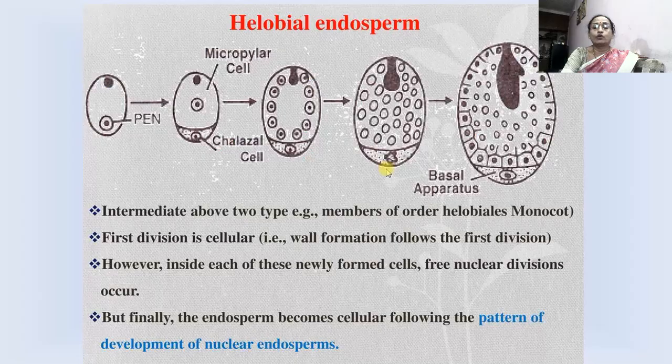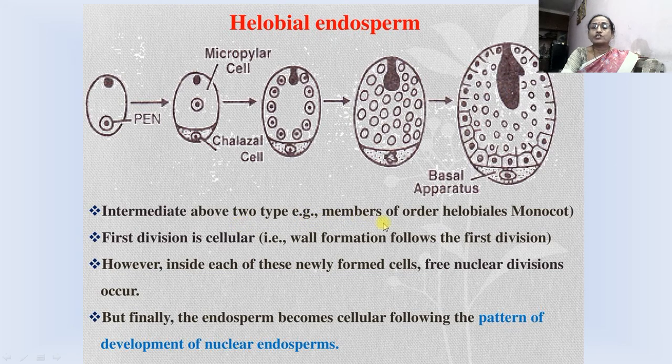That's helobial. Then these are the diagrams. PEN, that is the primary endosperm nucleus, is dividing. The micropylar cell is larger while the chalazal cell is small, and after that in the micropylar cell, subsequent divisions are nuclear to produce many nuclei, and this is the growing embryo. Intermediate between the above two types.